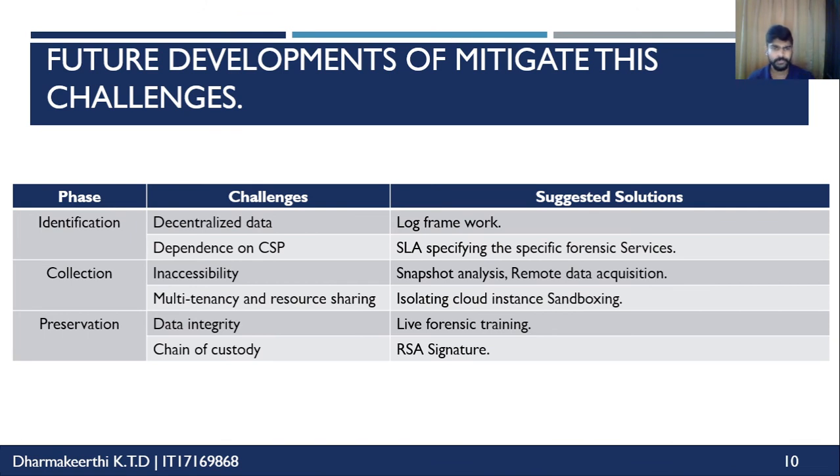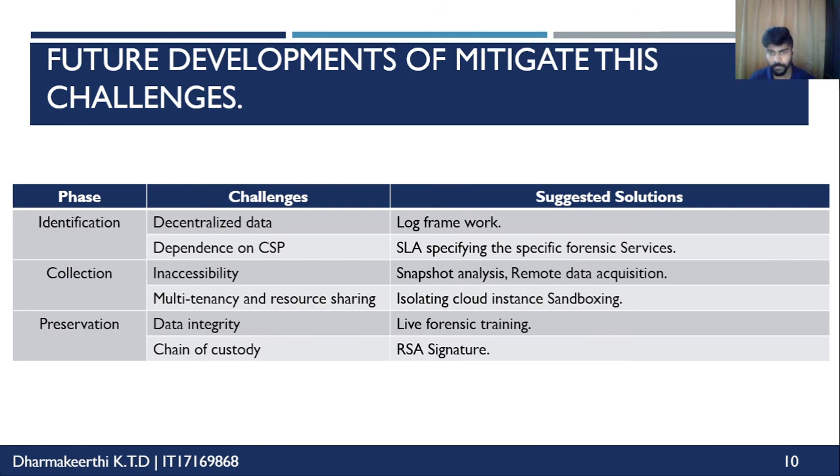The next one is preservation. These challenges are data integrity and chain of custody. For data integrity, the suggested solution is live forensics training. We can use live forensics techniques and cloud providers' expertise in their own environment.